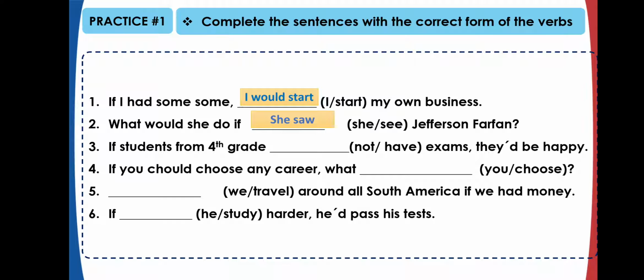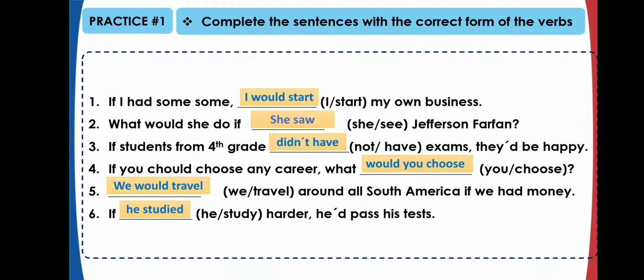Number 3, if students from 4th grade didn't have exams, they would be happy. Number 4, if you could choose any career, what would you choose? Number 5, we would travel around all South America if we had money. And finally, number 6, if he studied harder, he'd pass his tests. Okay?